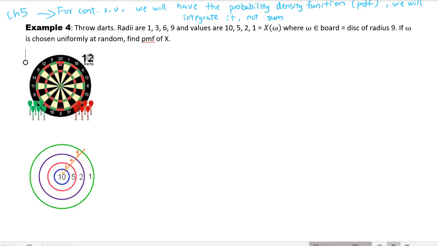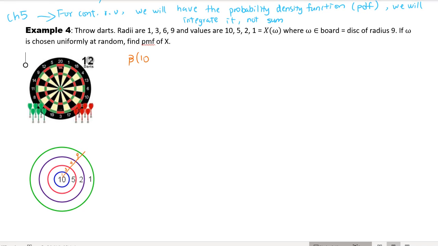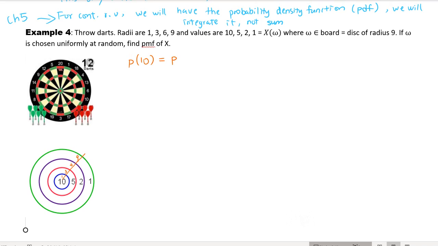So W is a point on the board. Okay, this board is a disk of radius 9. If W is chosen uniformly at random, find the PMF of X. Okay, so let's see. Let's compute from the middle. So what is P of 10? So P of 10 equals P of X equals 10.